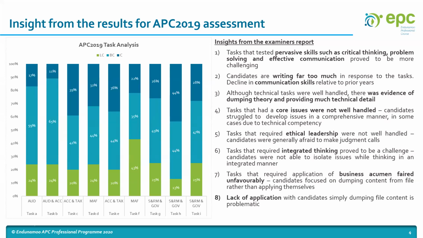And related to that, they are saying that additionally, there's been evidence of a decline in communication skills relative to prior years. So communication skill is something that we also highlighted as one of the challenging aspects of the APC.